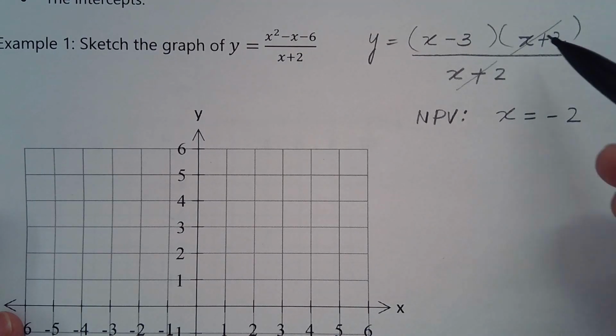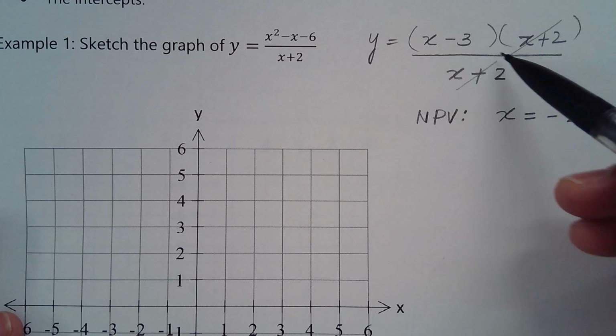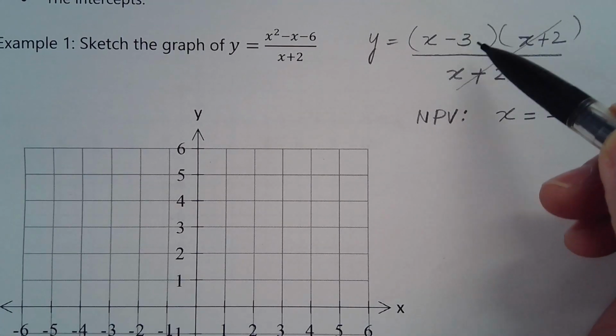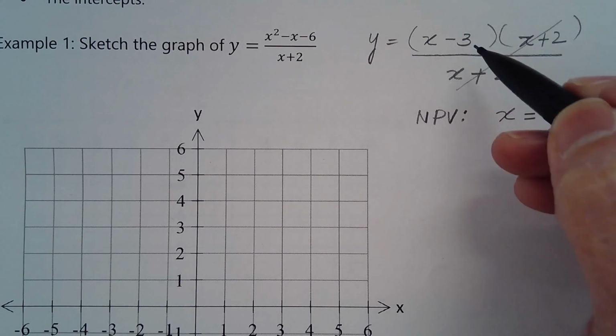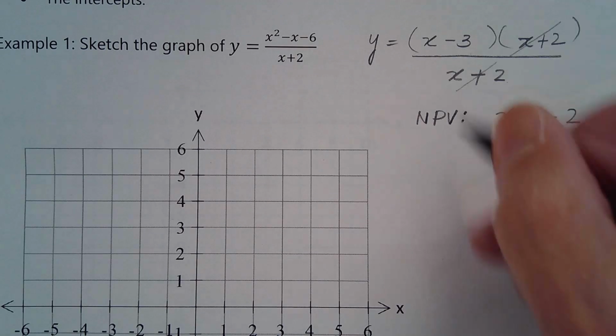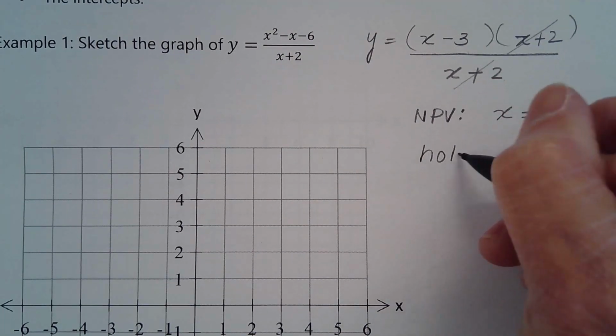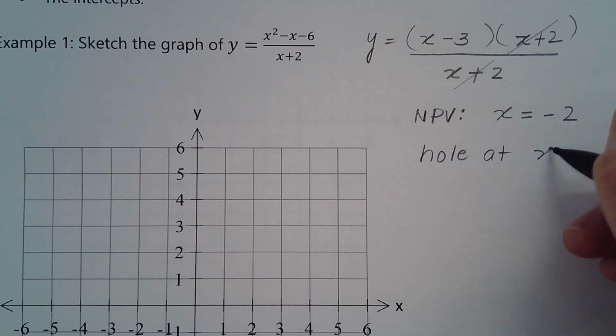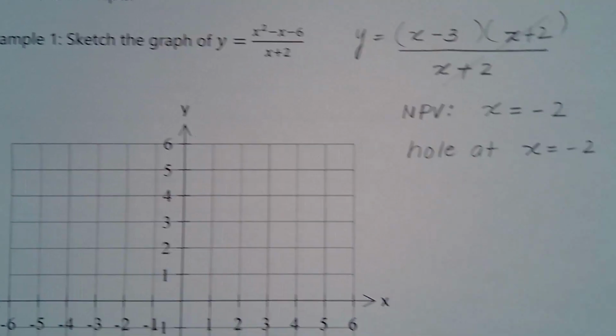Now if we divide the numerator by the denominator, we're going to have exactly an x minus 3 equation. So there's going to be a hole at x equals -2.